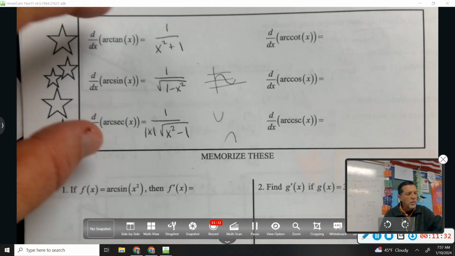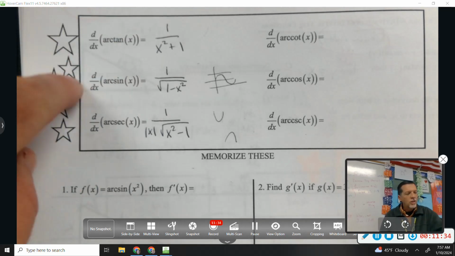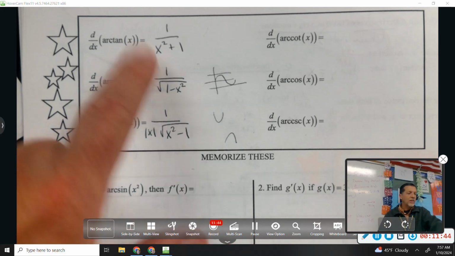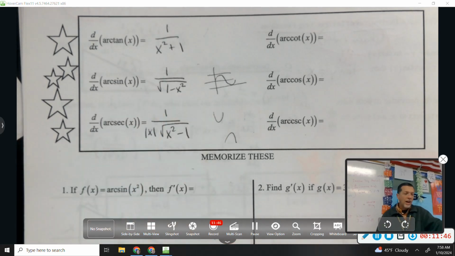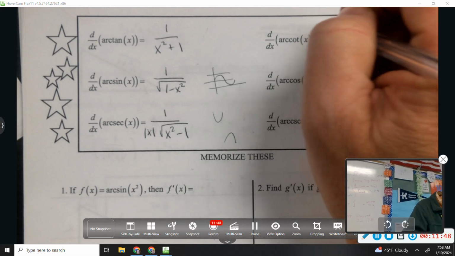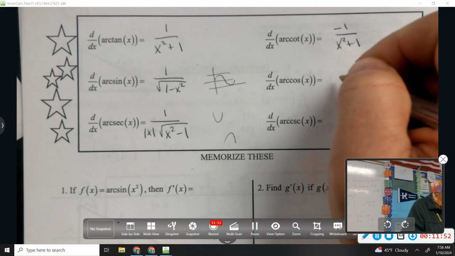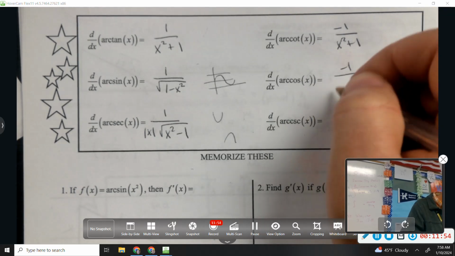Remember if you memorize these, then what did you change to get to these? Did you remember? You changed the negative, and you changed all the sines to cosines and the tangents to cotangents. I don't have any tangents and cotangents. All I have to do is change the negatives. So all the cos are negative. Everything else is the same.